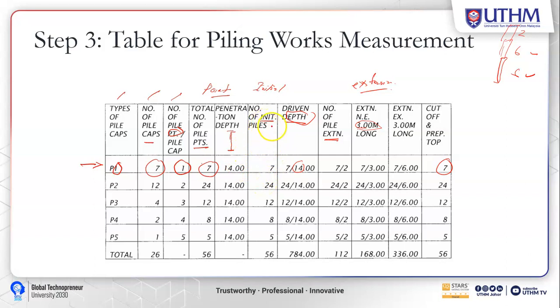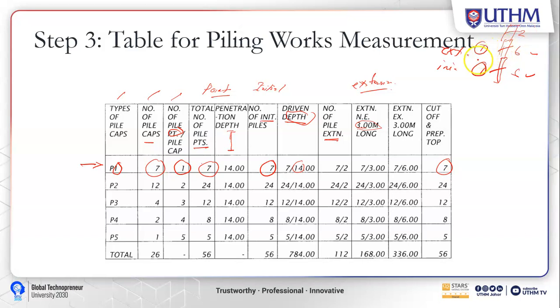And then the number of initial pile is 7. Because for this pile cap, we have one number of initial pile and one number of extension pile. This one is what we call the extension or additional pile.